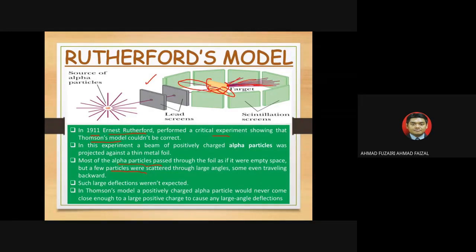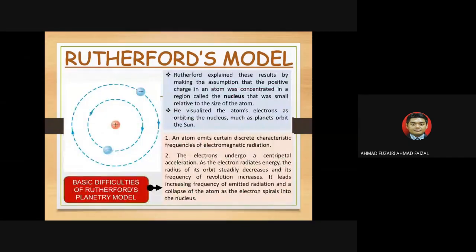Such large deflections were not expected. In the previous model, Thomson's model, a positively charged alpha particle would never come close enough to a large positive charge to cause any large angle of deflection.